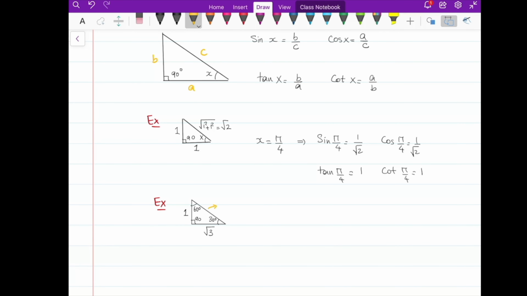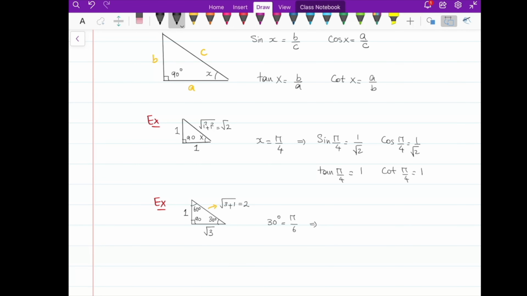Then the hypotenuse would be equal to the square root of this side squared, which would be 3, plus this side squared, which would be 1 squared. And so this is square root of 4, which is equal to 2.